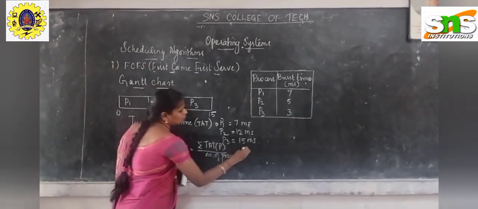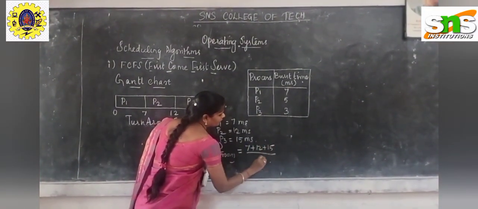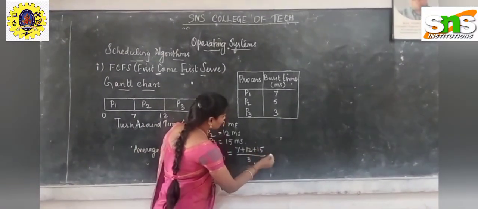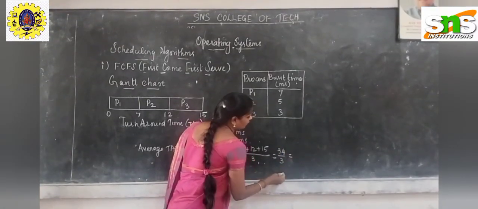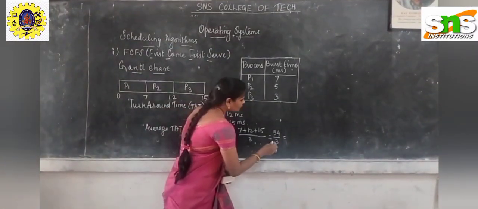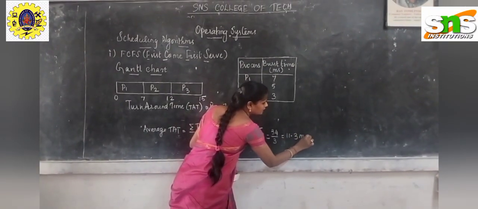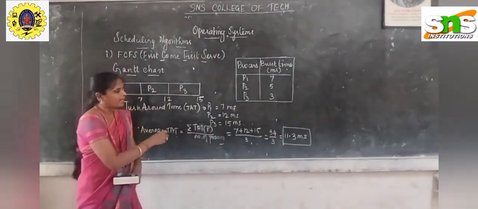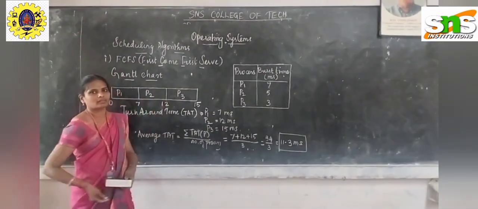That gives 7 plus 12 plus 15 divided by 3, which is equivalent to 34 divided by 3, which is equivalent to 11.3 milliseconds. So this is the average turnaround time for the given set of processes in FCFS scheduling.